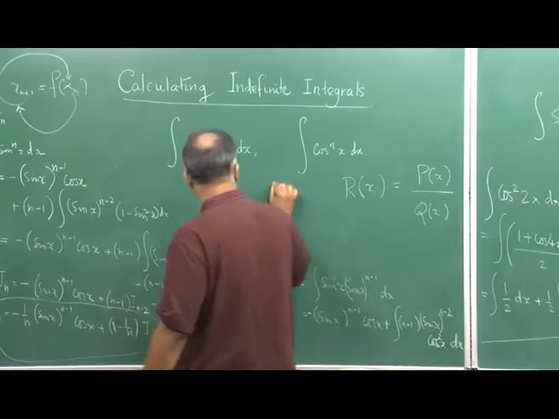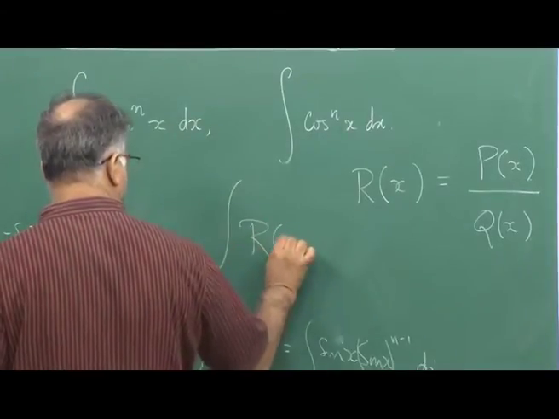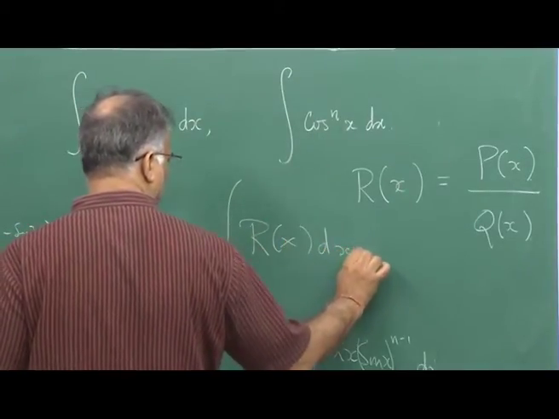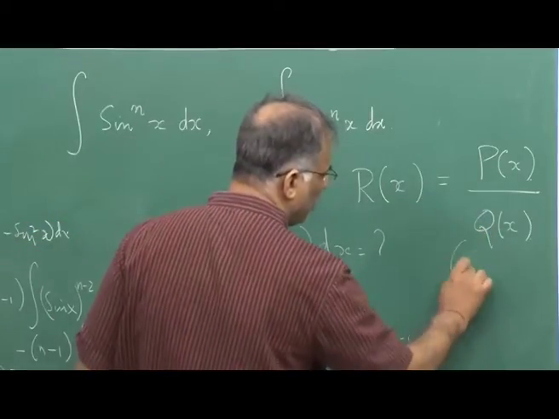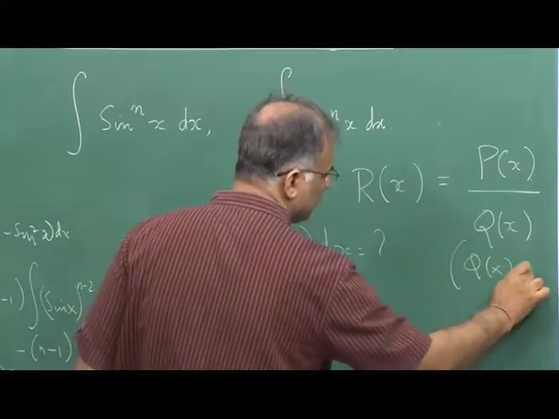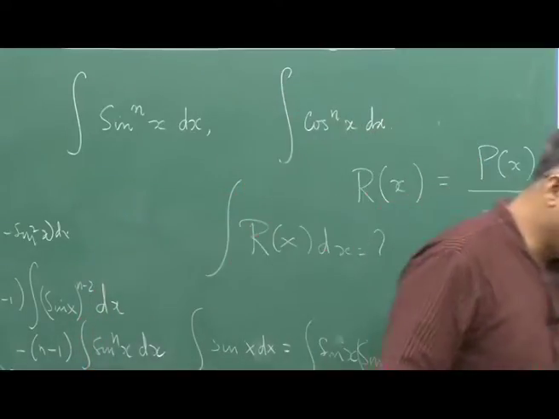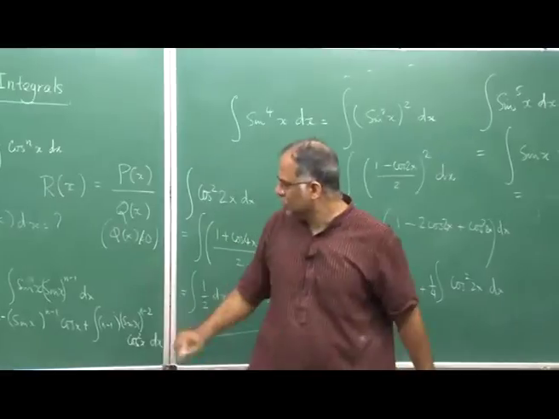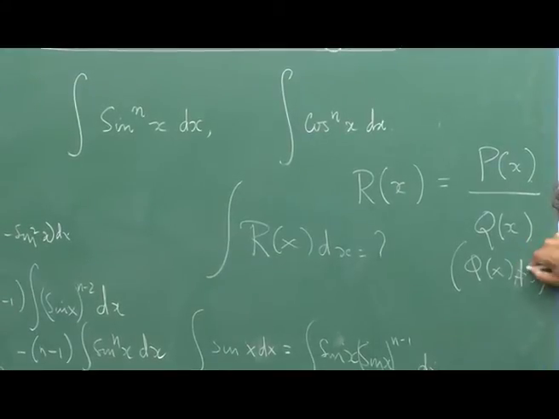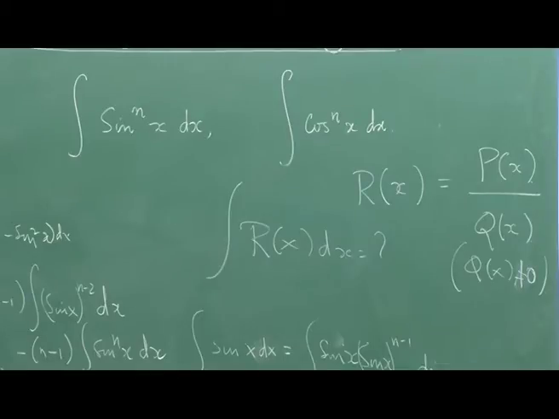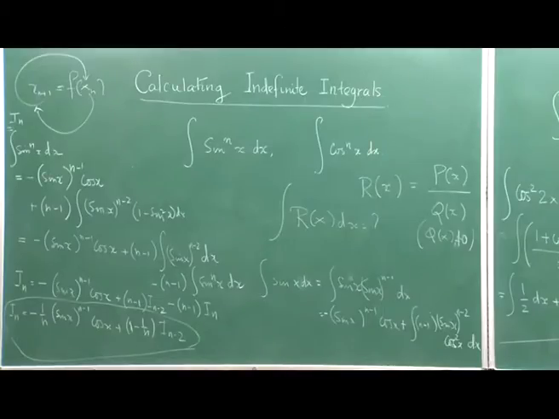And then we are asking the question how to integrate this, where q x is of course not equal to 0 and both are polynomials of certain degree. So, q x cannot be 0. That is a standard example given in many books, but this is one of the most important classes of functions.